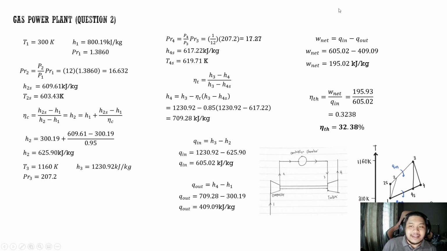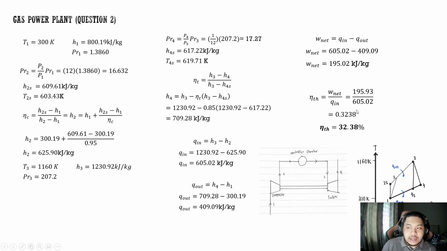And we can get the H4S and T4S by referring to the table. After completing all these values, we can calculate the enthalpy at state 4 using the formula H3 minus the isentropic efficiency of our turbine, times (H3 minus H4S). Then, after we get all these values, we can calculate the Q in and Q out.